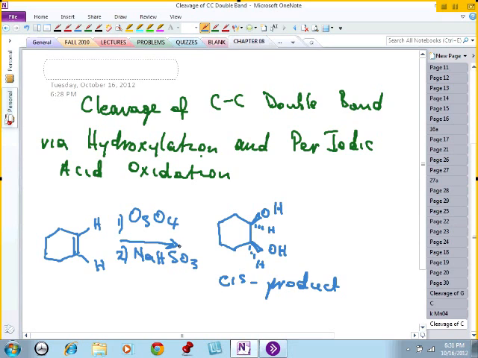This type of reaction, in which we add two hydroxy groups to the carbon-carbon double bond, is called hydroxylation. Okay, and also, because the stereochemistry here is a cis stereochemistry, we say this is a stereospecific reaction.